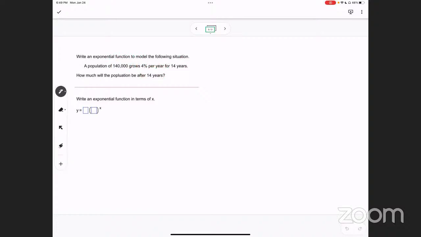All right. So with these, here's always what you do. If it grows 4%, that means the rate is 1 plus 0.04. So the rate is 1.04. Remember that. And this is your initial population, so let's call that A sub 0.